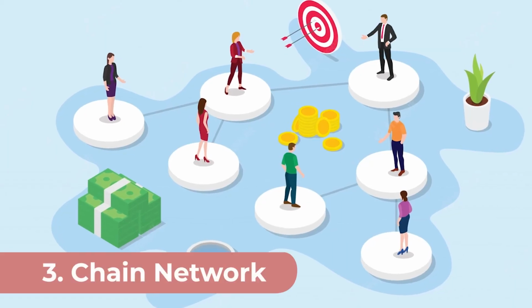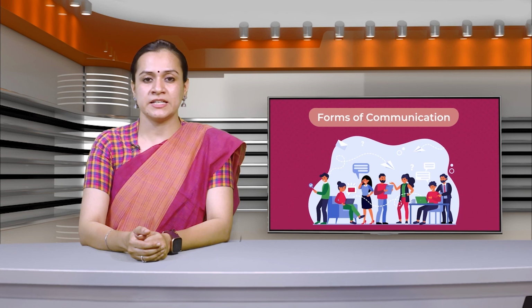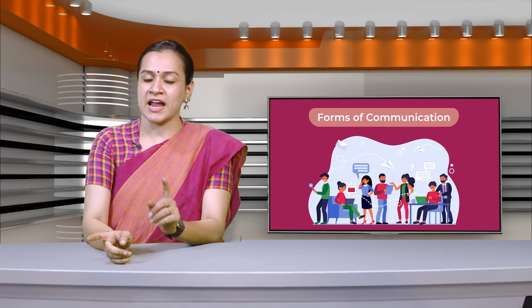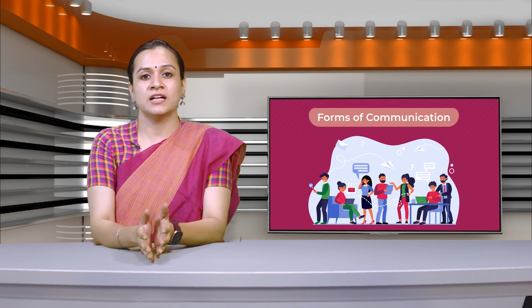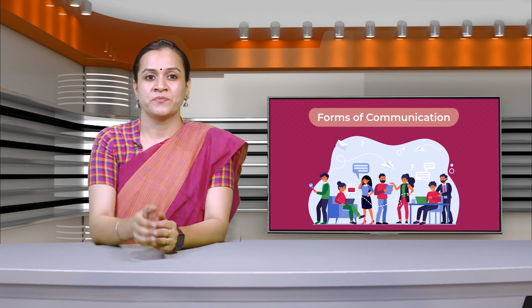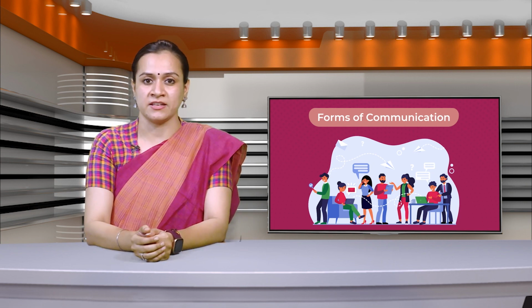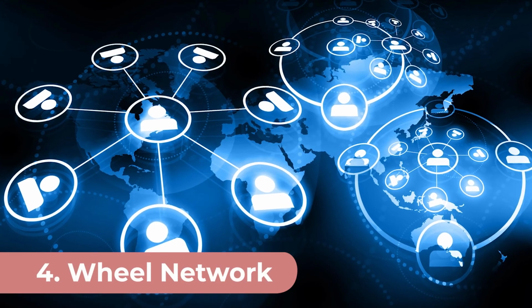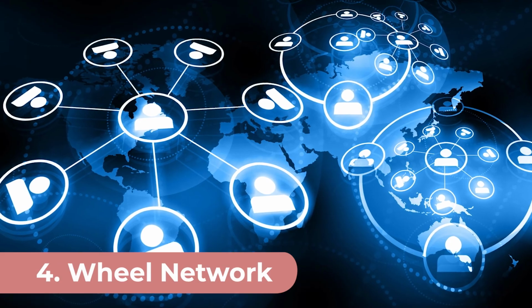The third form is a chain network. This network of communication follows the organizational hierarchy and chain of command. All the subordinates receive commands or instruction from their superiors. B, C, D and E, F, G are the subordinates to A in the organizational hierarchy and receive commands from A. Moving on to the fourth type, that is wheel network.